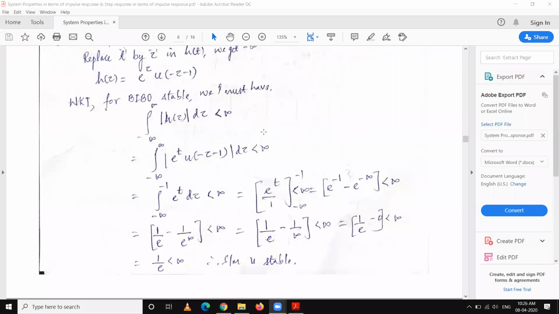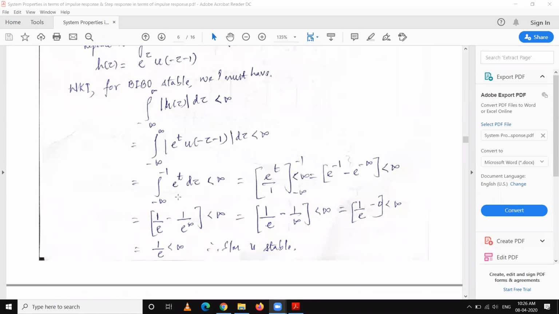So remember that. This is e raised to tau, so make a correction: it should be e raised to tau d tau less than infinity. Integrate this: e raised to tau divided by 1, with limits minus 1 and minus infinity.